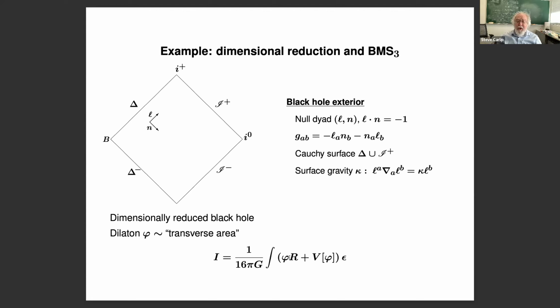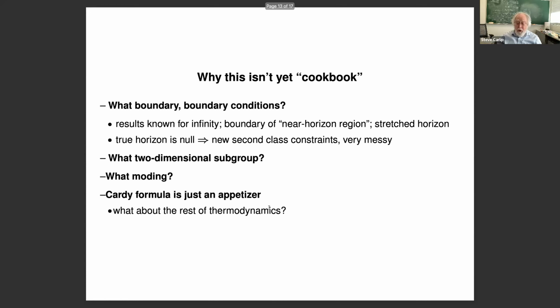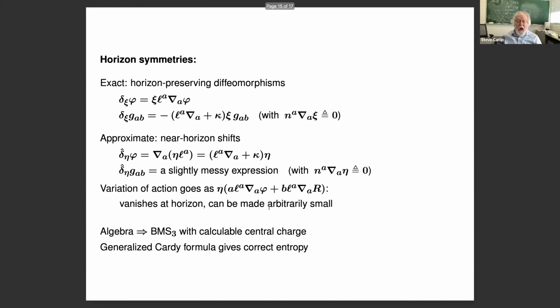If you change the dilaton by a shift that is a derivative along the horizon, then you can integrate by parts and move all of those derivatives onto the dilaton and the curvature. There's zero at the horizon.